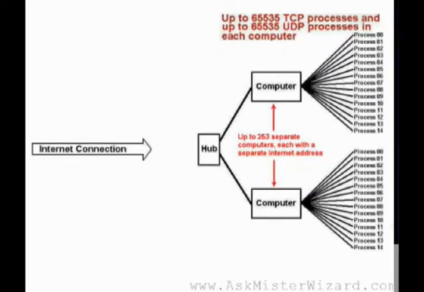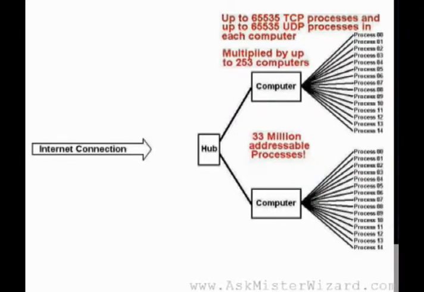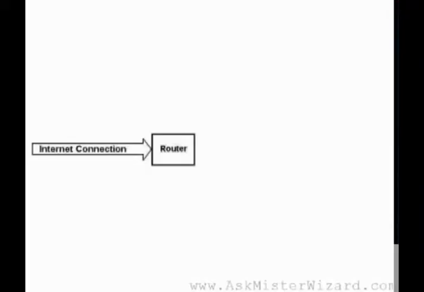Very, very few computers will ever be expanded and exploited to the point where they use up all of that process addressing space. But that addressing system works splendidly on the Internet. And so any of over 33 million potential processes can be running anywhere in a Class C address space, and each of those processes can address any other process anywhere else out on the entire worldwide Internet.